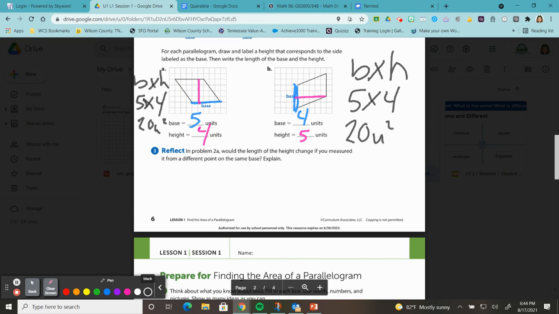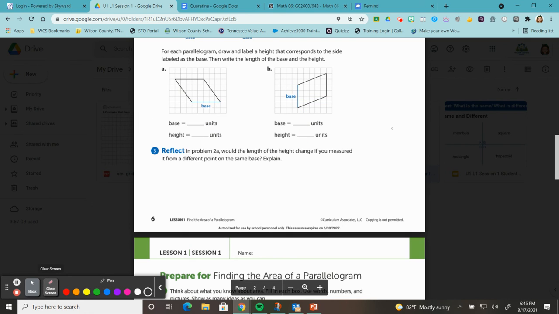That brings us to the reflect question on number 3. What number 3 is asking you to do is to take a look back at this A part. And here's the base. And when I did the height earlier, I chose to start from this point and go all the way to the opposite side.